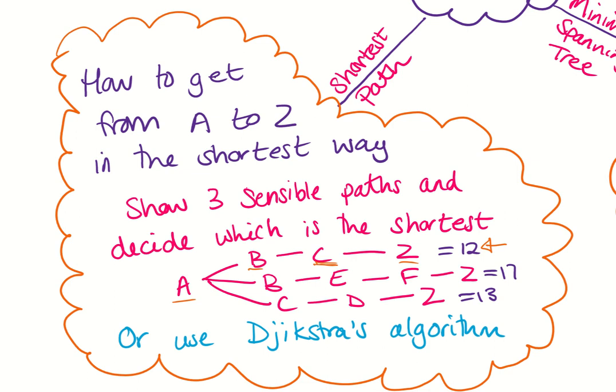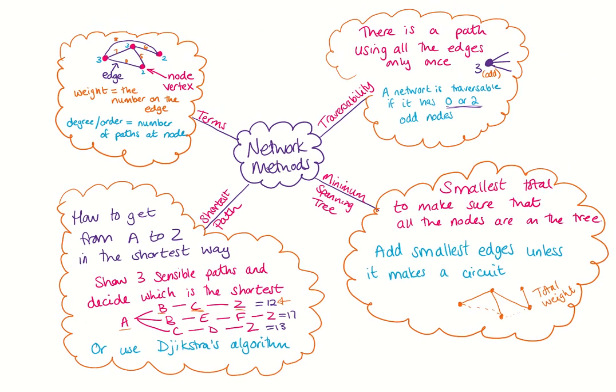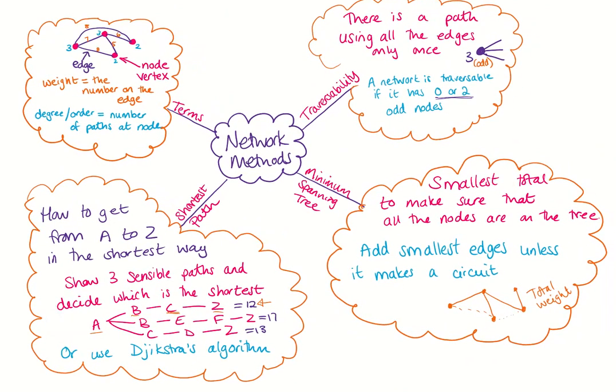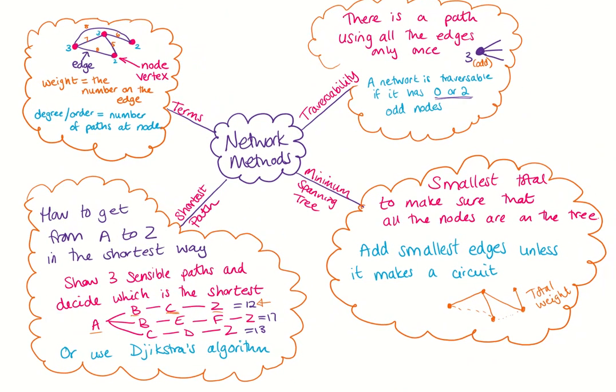It's not just going for it with trial and error like with the one we just did, but actually logically working through to figure out the shortest path. And you can look up a video for that on my channel if you'd like a reminder of how to do that. So this was our very quick summary of the basics of what you need to be able to get achieved on an internal for network methods for NCEA Level 2.